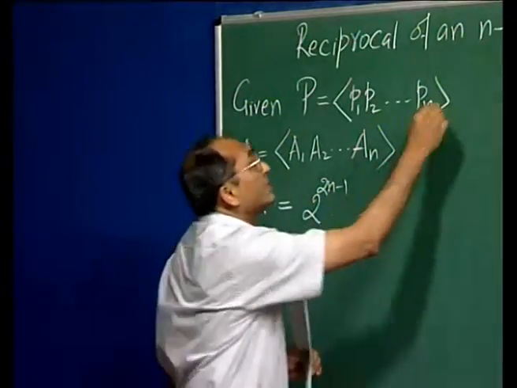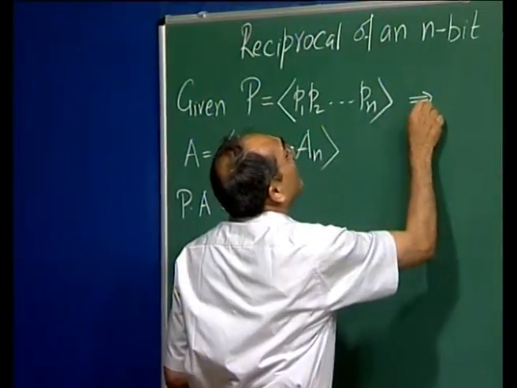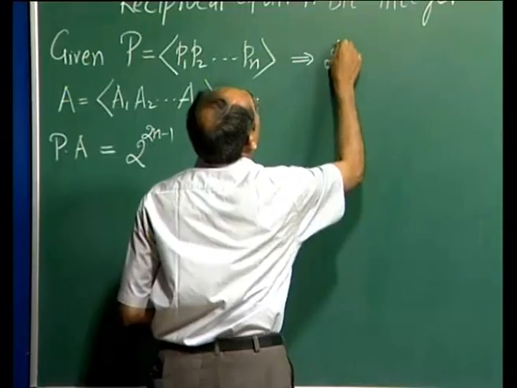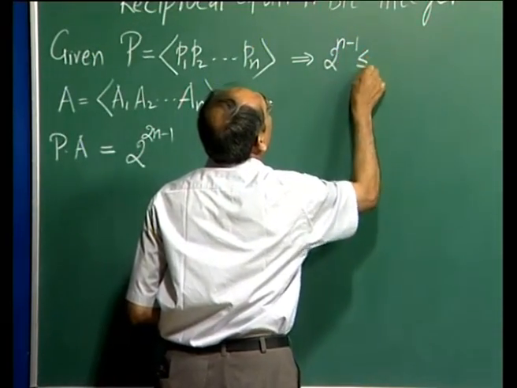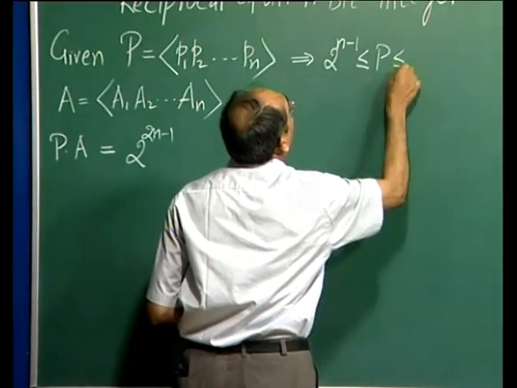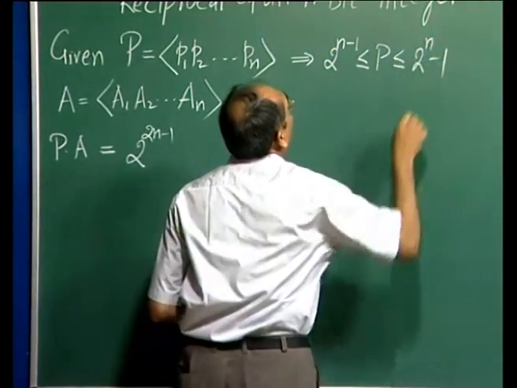Now notice that this number is between 2 power n minus 1 and 2 power n minus 1.